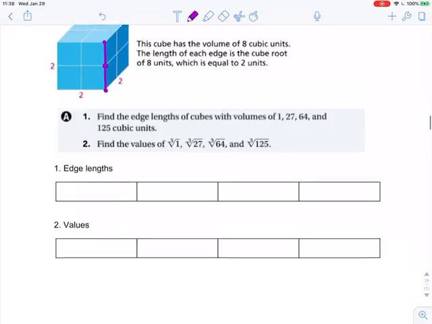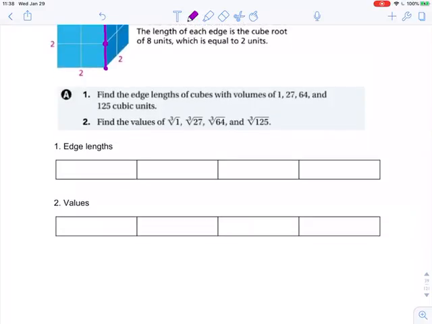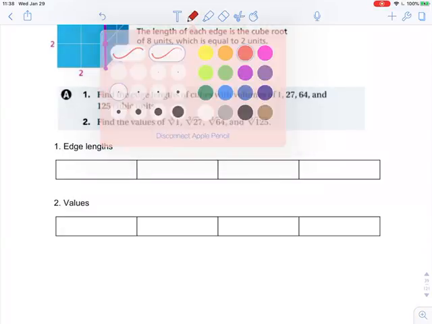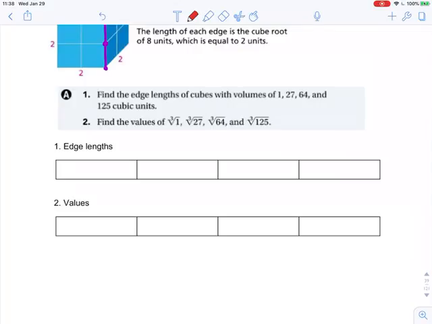Okay, so here, this one's a little bit confusing. It says find the edge length of the cubes. So I feel like they're missing a piece of information here. You can say cube volume, which will be 1, 27, 64, and 125. Oops, I have the wrong space for this, so let's move this over.